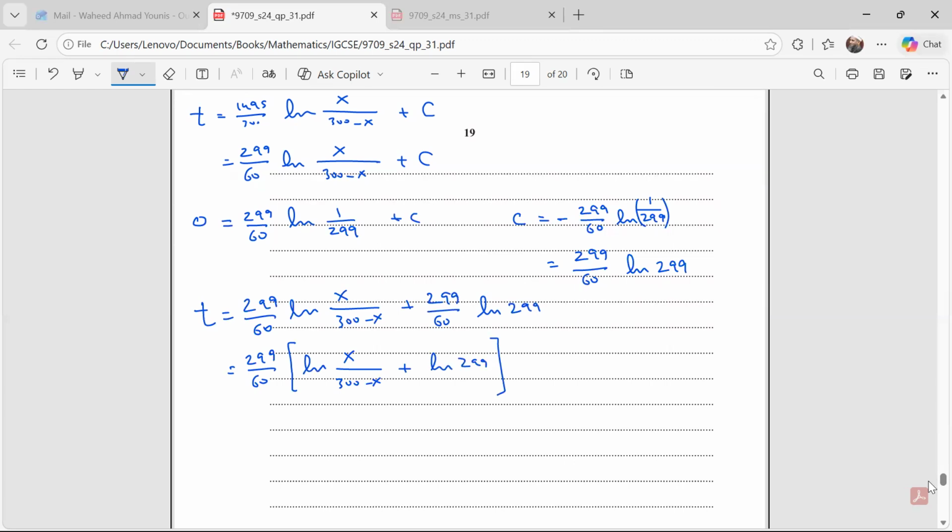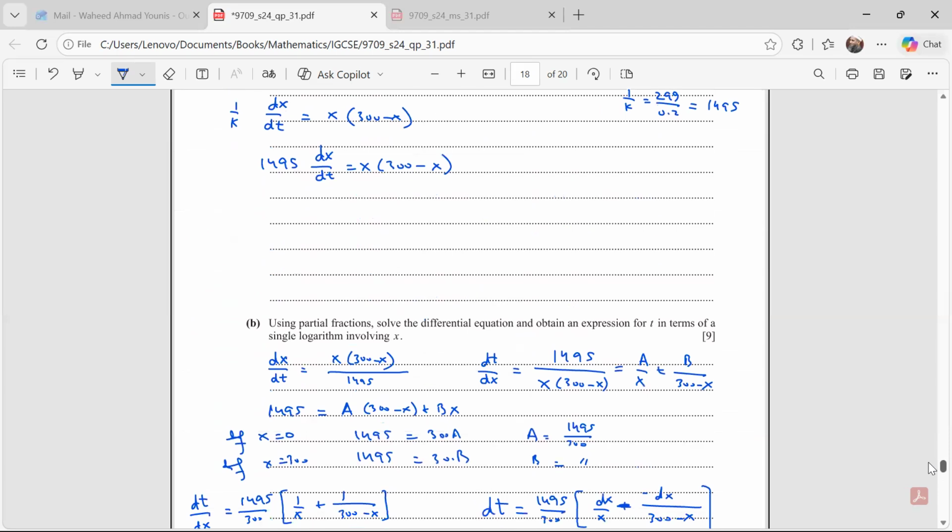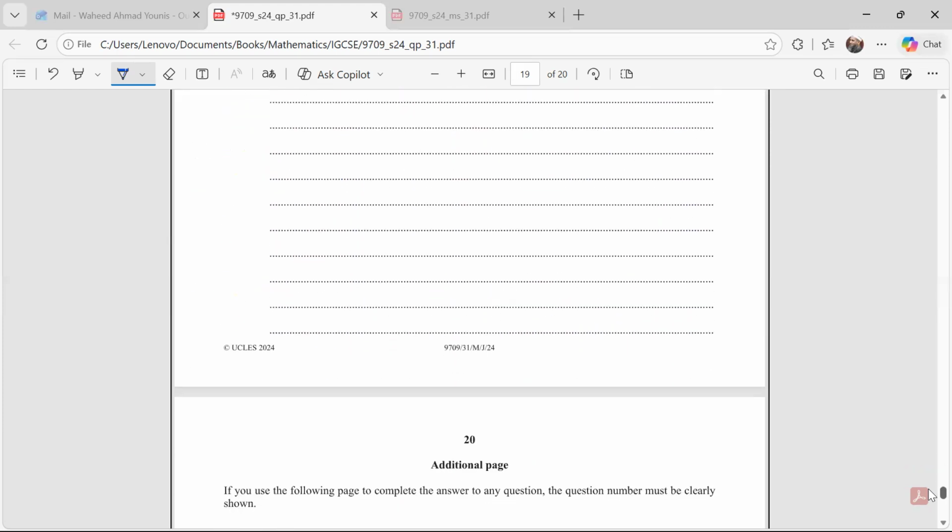And I can join them together like 299 over 60 log of 299x over 300 minus x. So this was my final answer. I found t as a function of x here, to obtain an expression for t in terms of the single x. So this is part B.